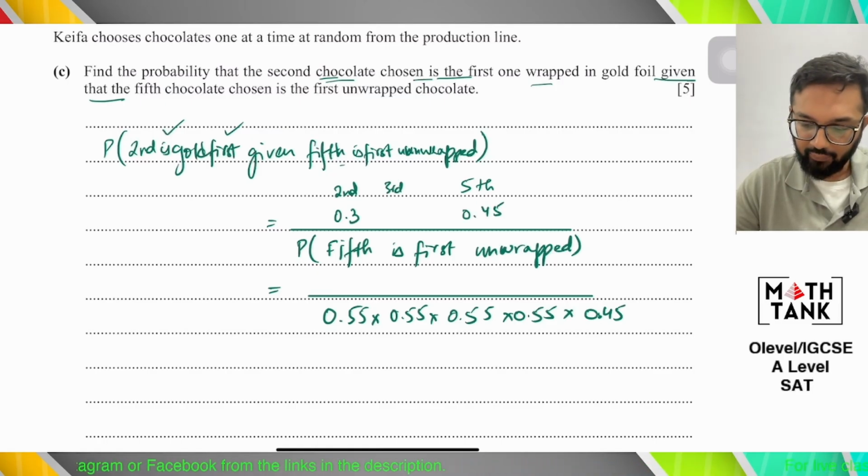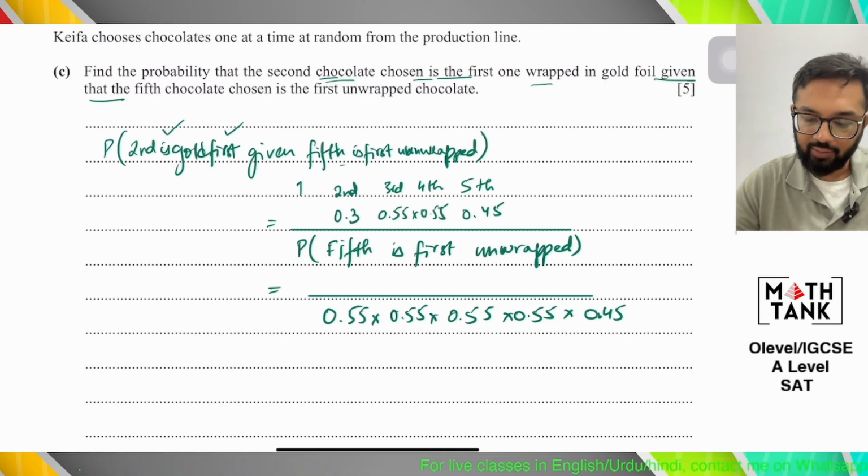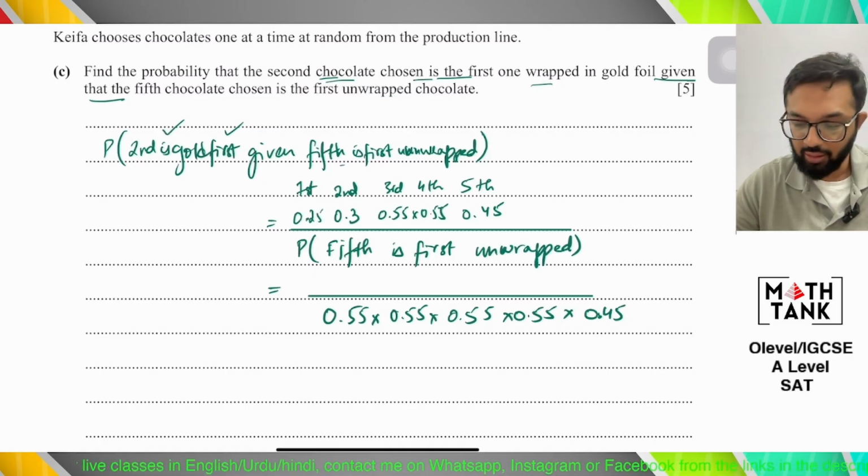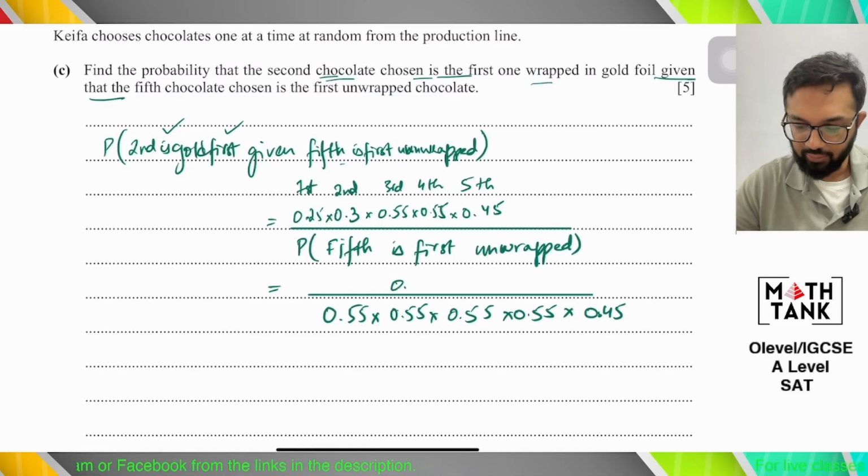The third and fourth could either be gold or red, so 0.55 into 0.55. And the first then definitely needs to be a red one. Why? Because I need the first gold on the second turn and the first unwrapped on the last turn. Okay, so that's what my numerator is going to be.